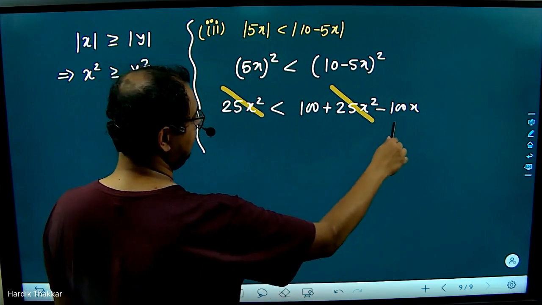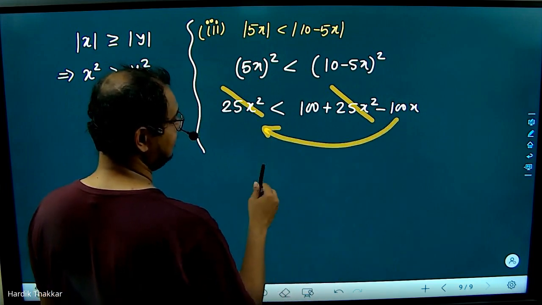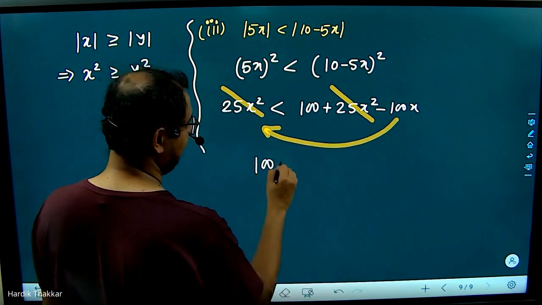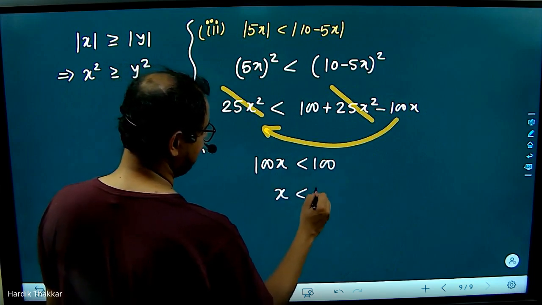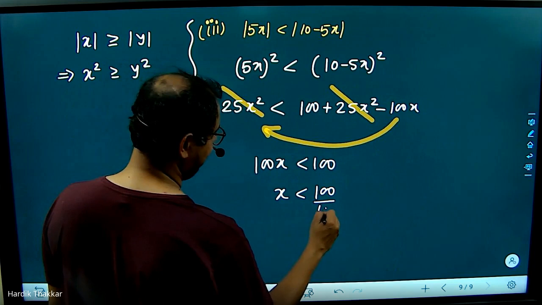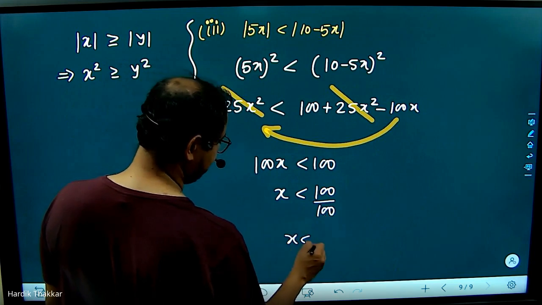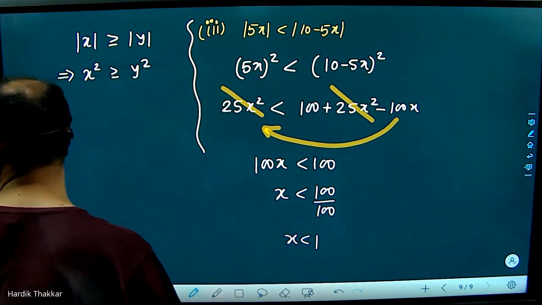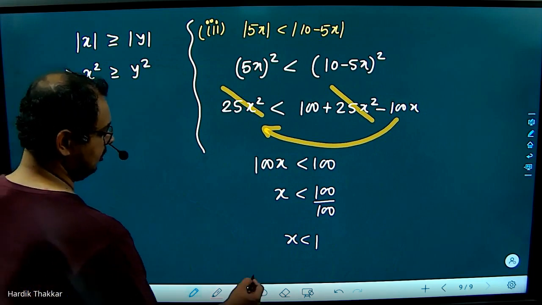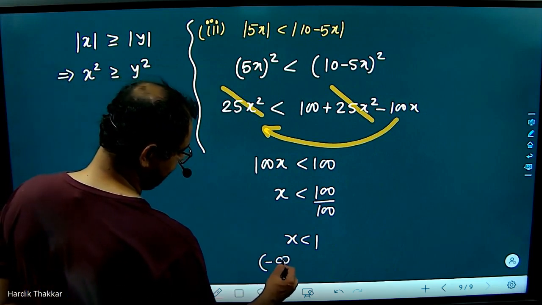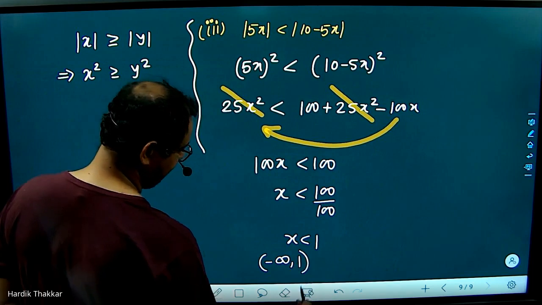Further we can shift this minus 100x over here, so it will be 100x less than 100. Further you will get x less than 100 upon 100, so x less than 1. That's it. This will be your solution, or we can write it like this: (minus infinity, 1).